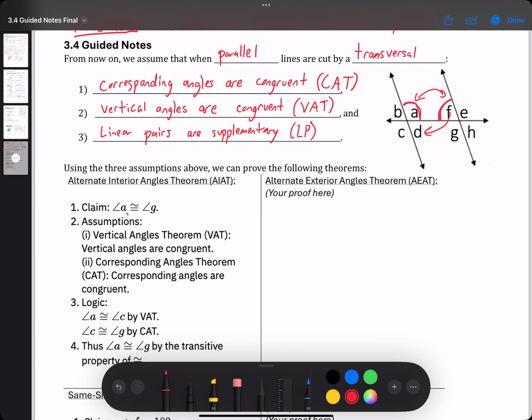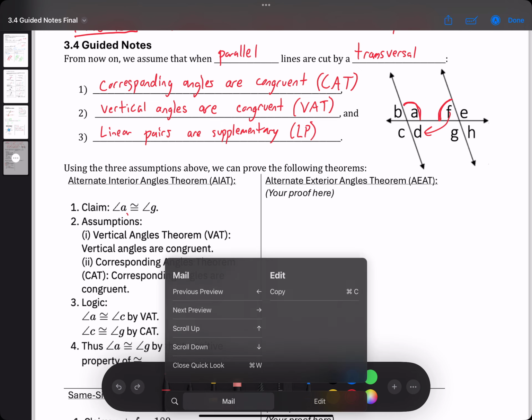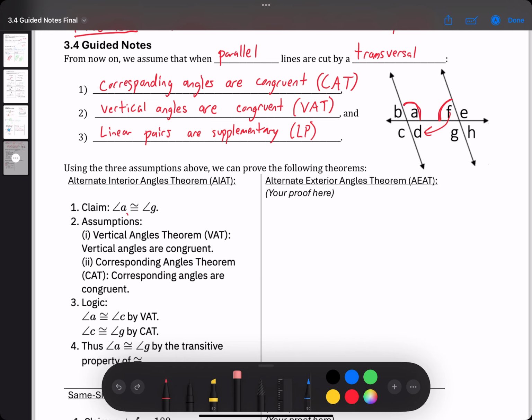To summarize the meaning of this all the way through: if you have A and F, and you want to prove that they equal 180 degrees, just note that A and D make 180. These two together make 180 degrees. But D and F are the same thing. You could also do it like this.